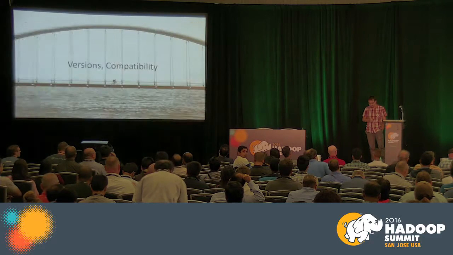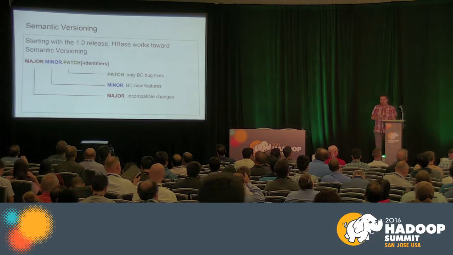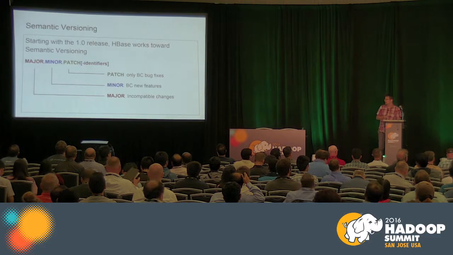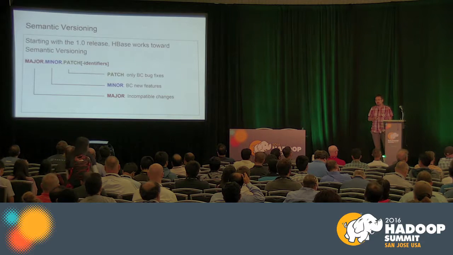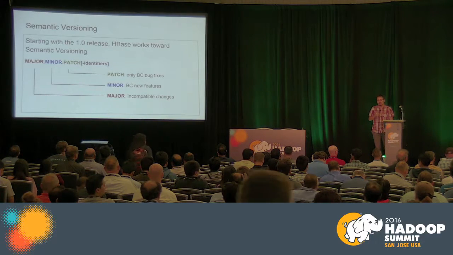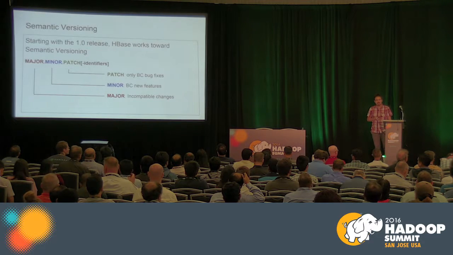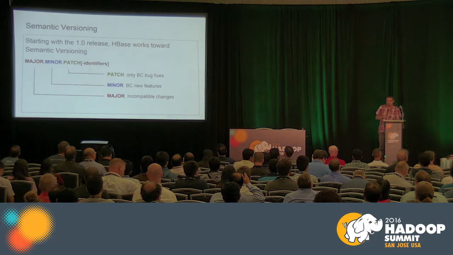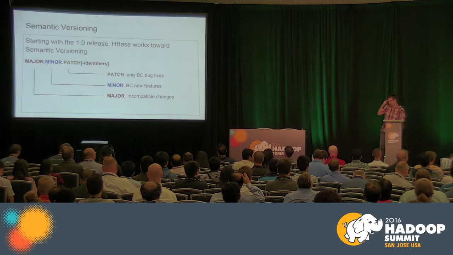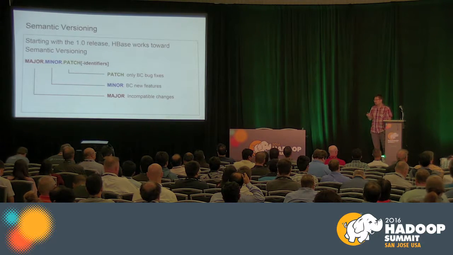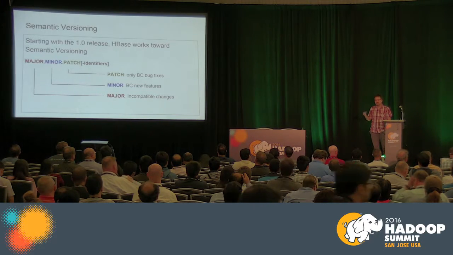Okay? So versions. As you may already know, starting with the 1.0 release, last year, we set, as a project, that we wanted to work towards semantic versioning, because our releases starting from 0.90.x were always shooting for the 1.0 release line.